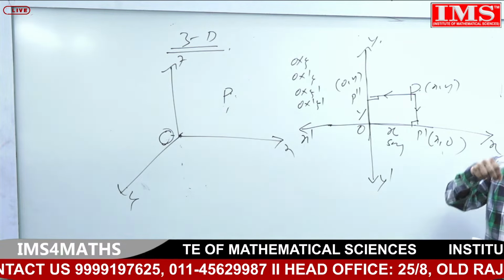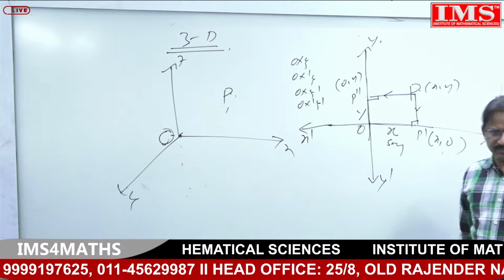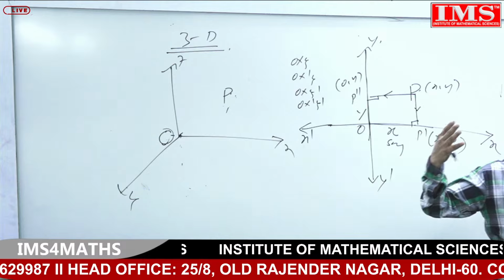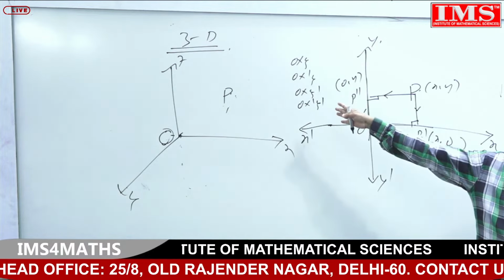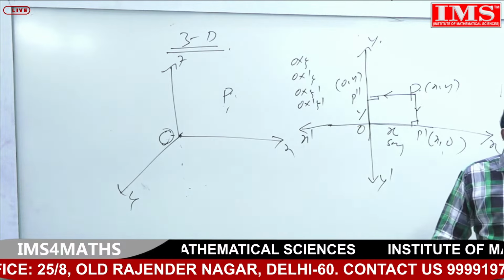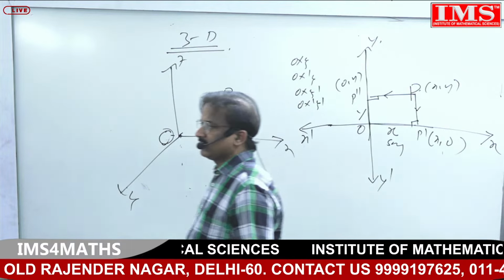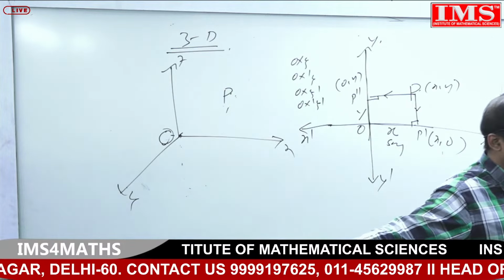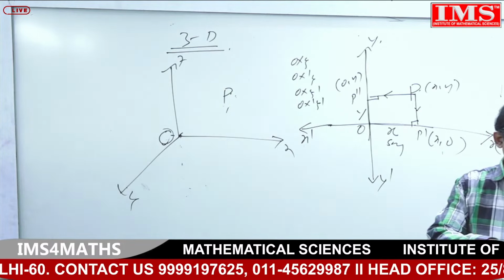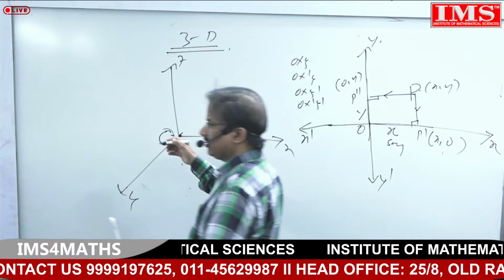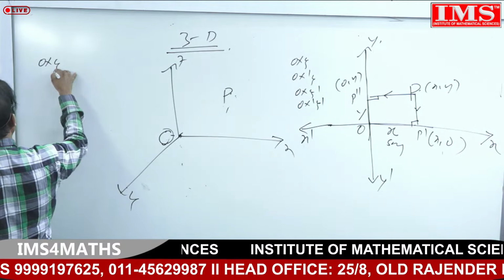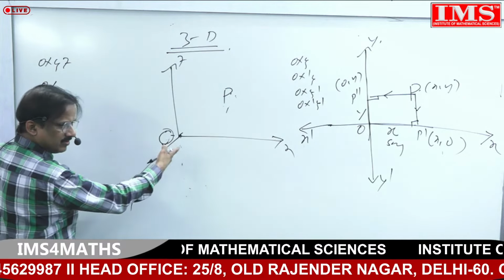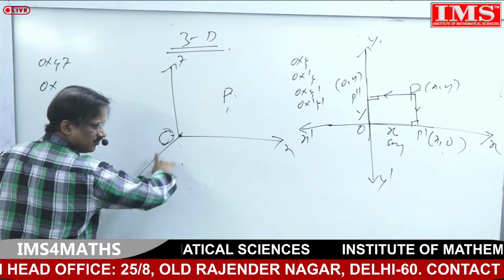But here I can't. Before that, I would like to say the 2 axes of reference were dividing the region into 4 equal parts. They are known as what? Quadrants. I wrote it also. But the 3 axes of reference can divide the space into how many equal parts? 8 equal parts, everybody knows. One part is OXYZ, right? And similarly you can write the negative side of the axis also, for X, for Z, for Y also. What is that?